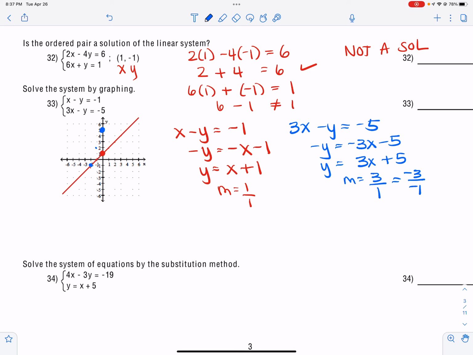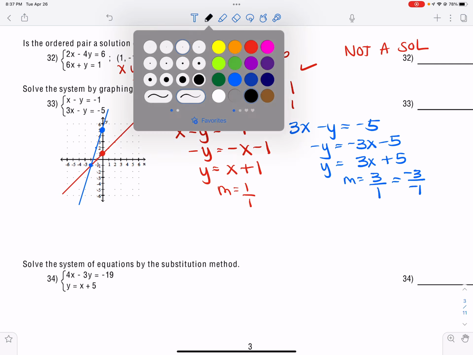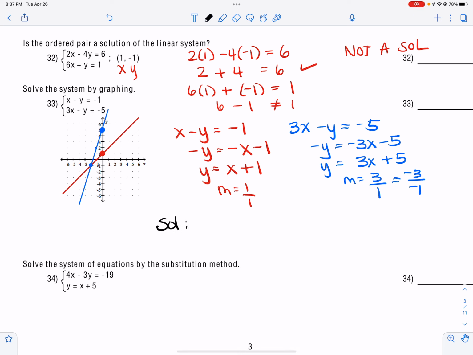And so my point of intersection, there's my line. My point of intersection, or my solution, is negative 2 for x and negative 1 for y.